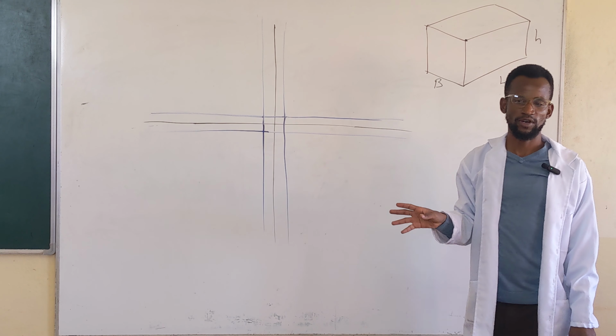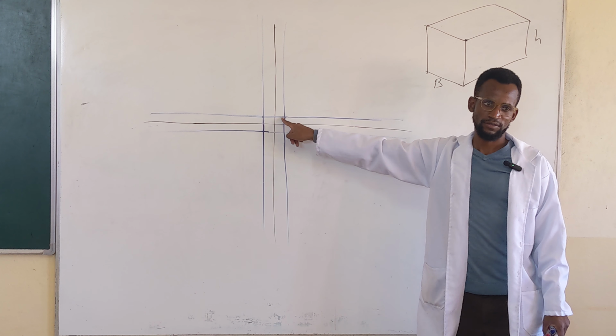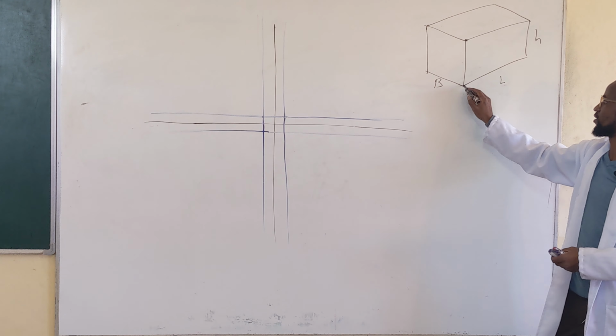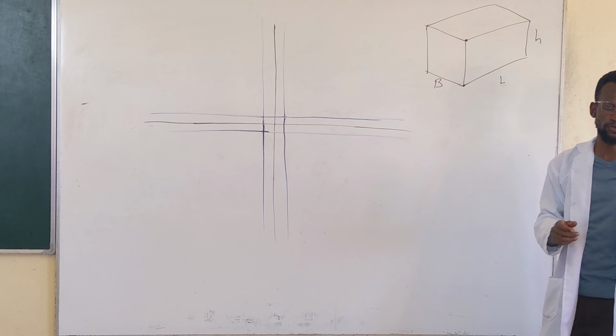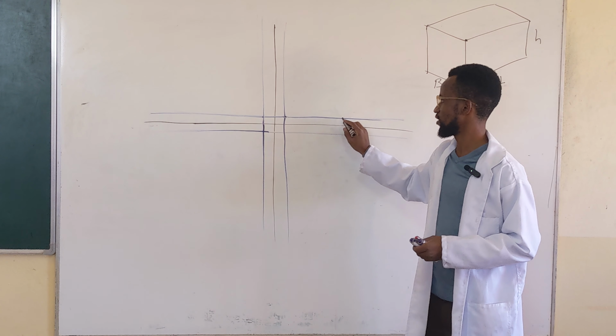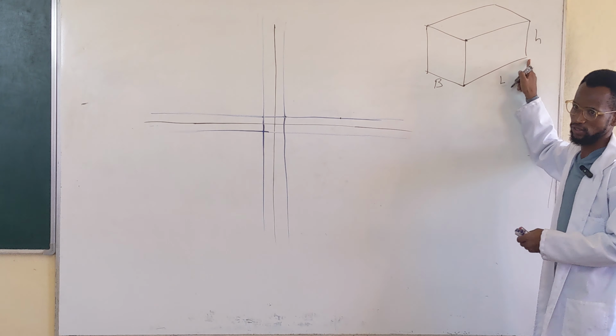That's where you get your height from. And this corner point here will be this one here. So you start getting the measurements from this point, and then you measure the length, which is the distance from this point to that point.